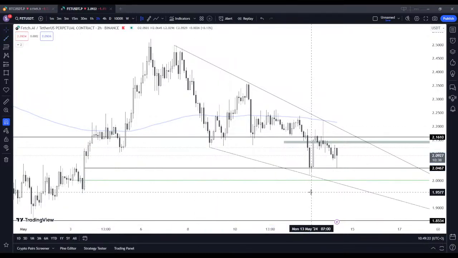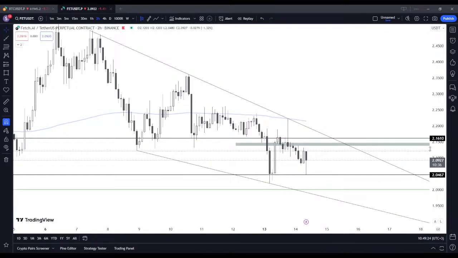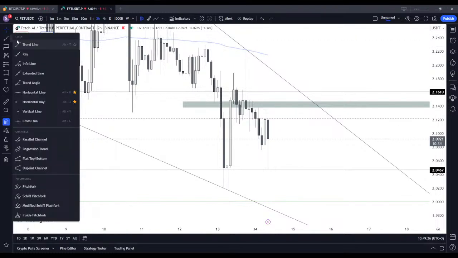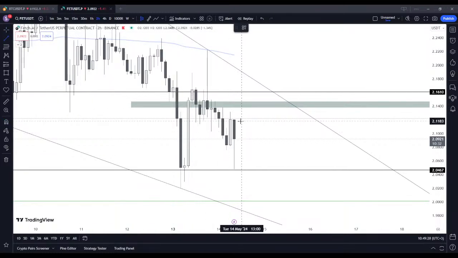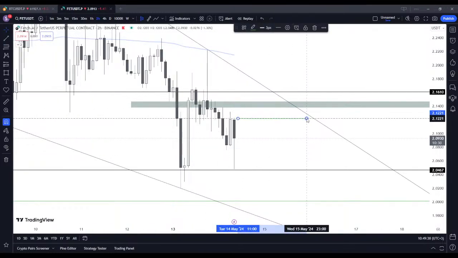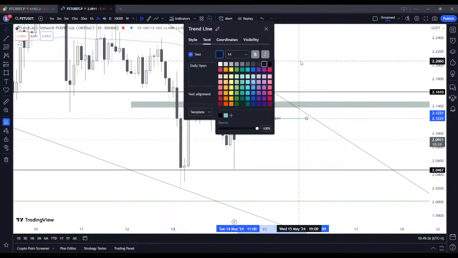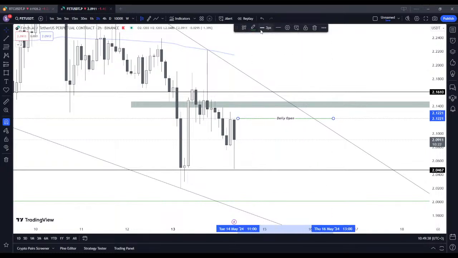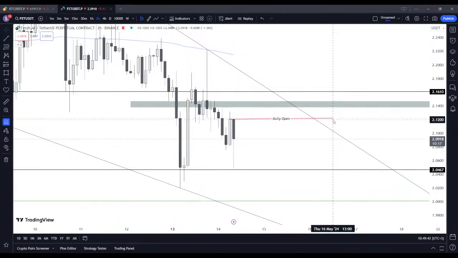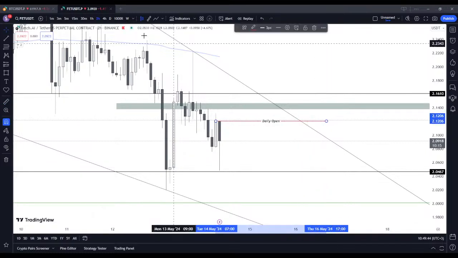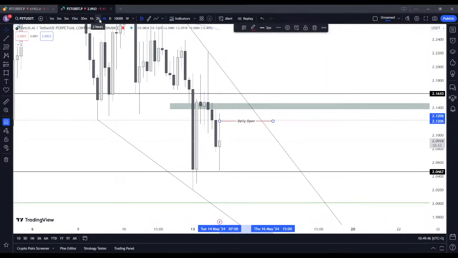Looking at this one, we are below daily open, so this is daily open. Usually, if price is trading below daily open, it's bearish order flow. Yeah. Look at the daily open always. If the price is below daily open, and you see the candle body high on 4 hours, on 2 hours actually, sorry, and on 4 hours too.